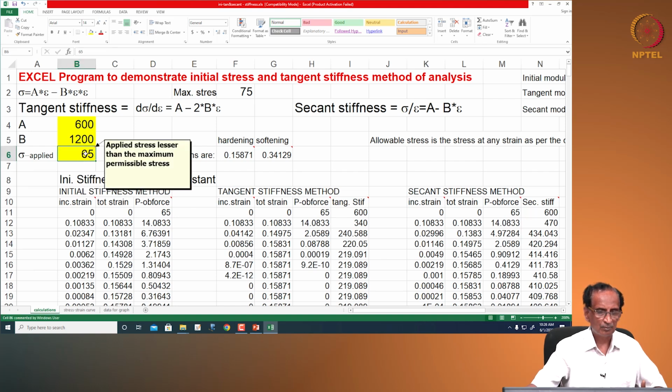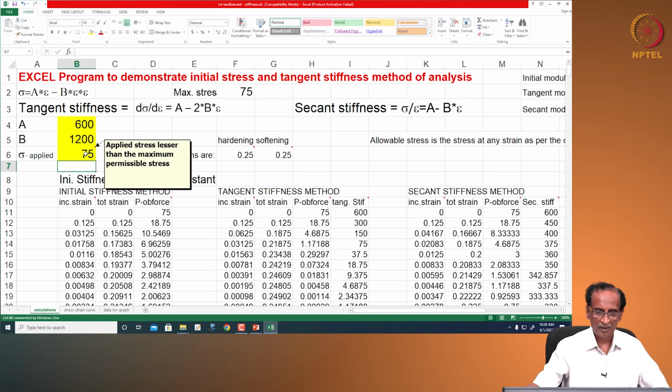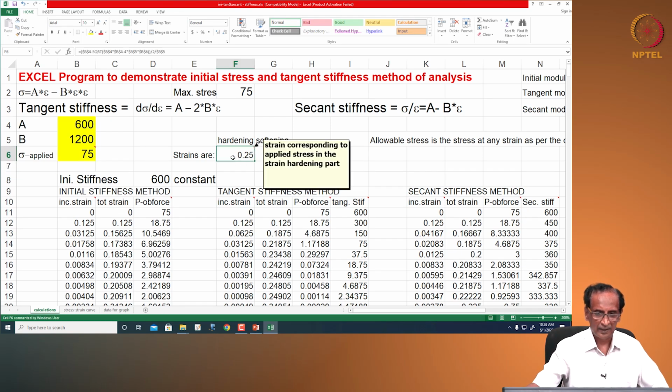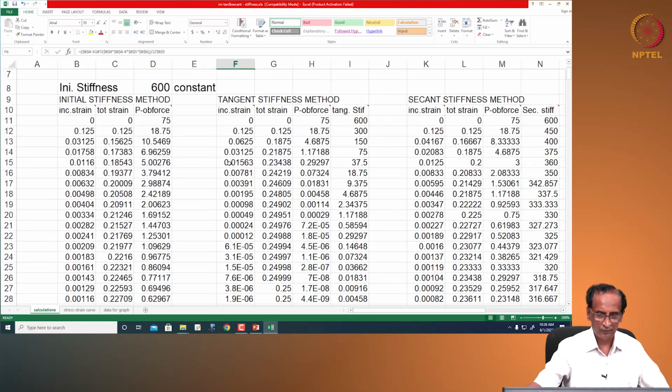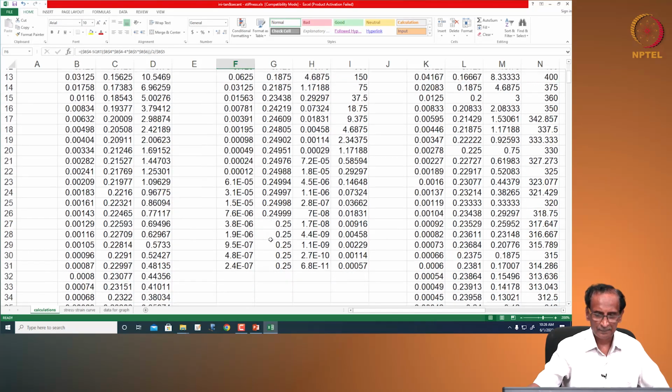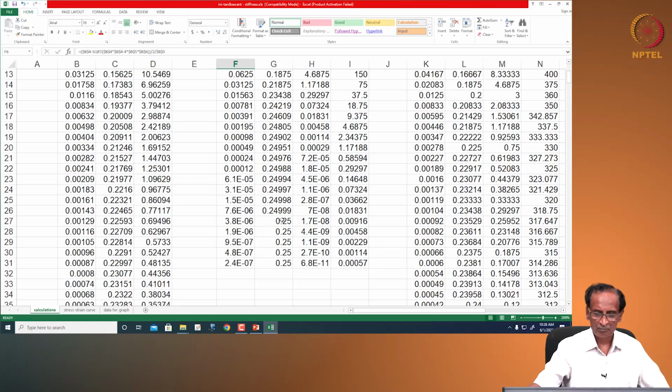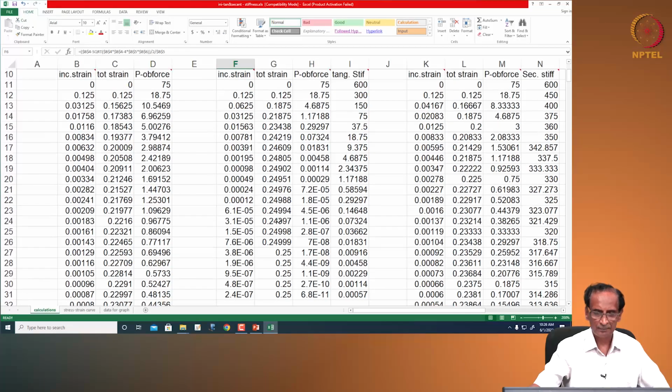Okay, let me just apply a stress of 75 and see what happens. Okay, our strain corresponding to a stress of 75 is 0.25, and our tangent stiffness method is able to predict the stress after a large number of iterations.